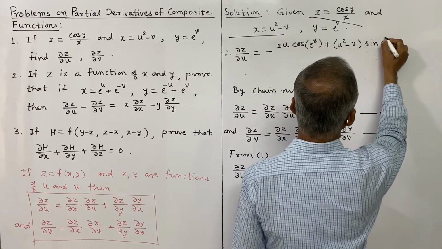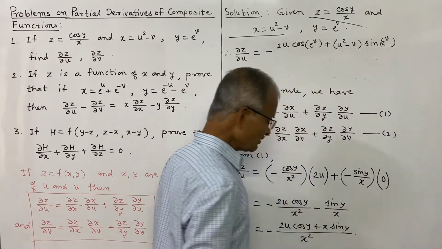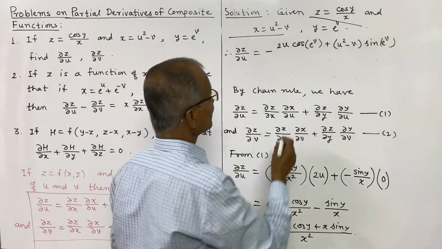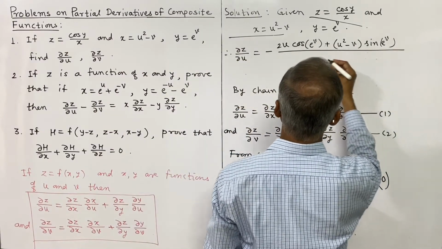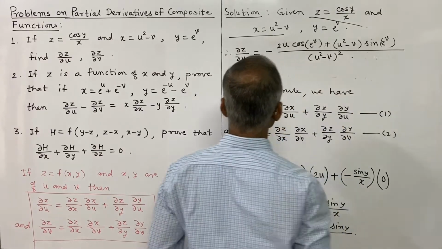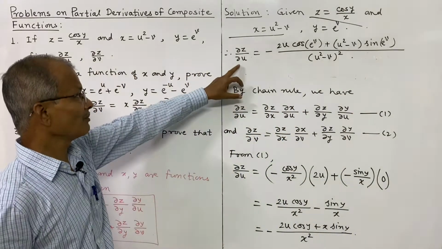Sin y is e power v. We are putting values of x and y as given expressions divided by x square, and that is u square minus v whole square. So this much is dou z by dou u.